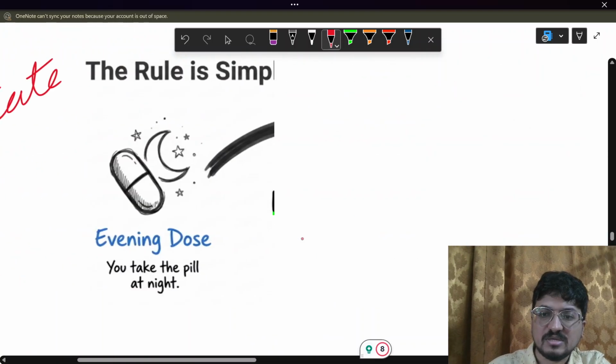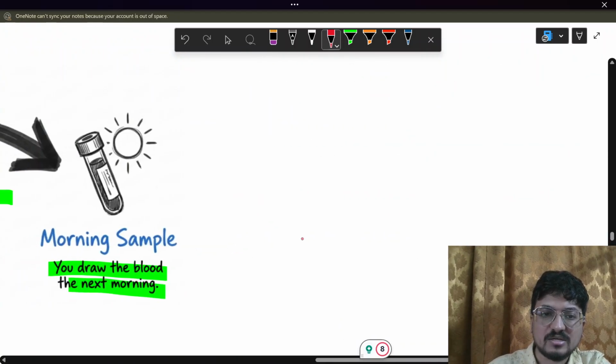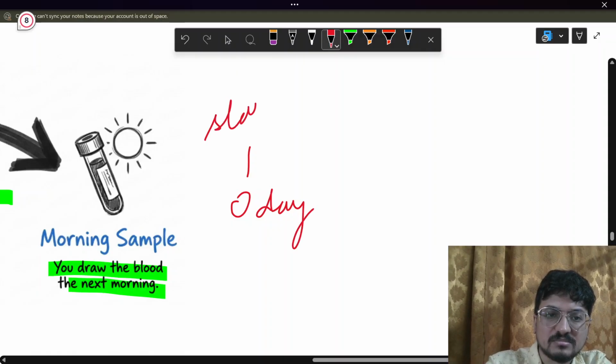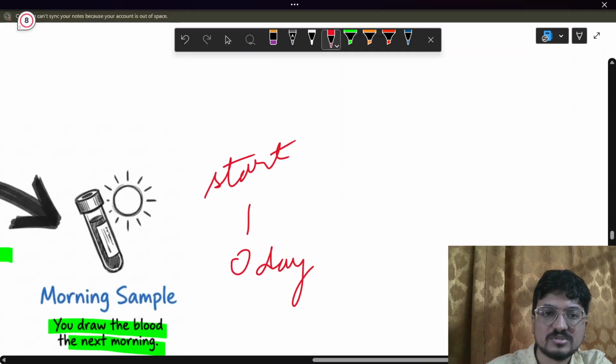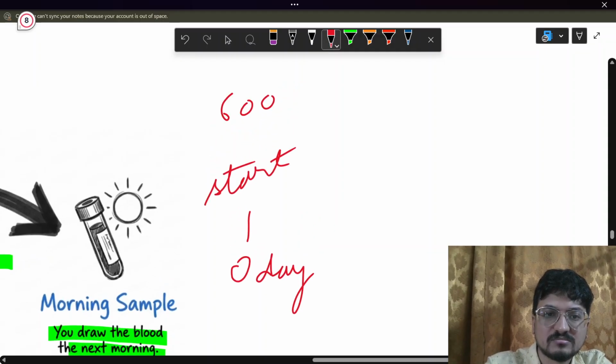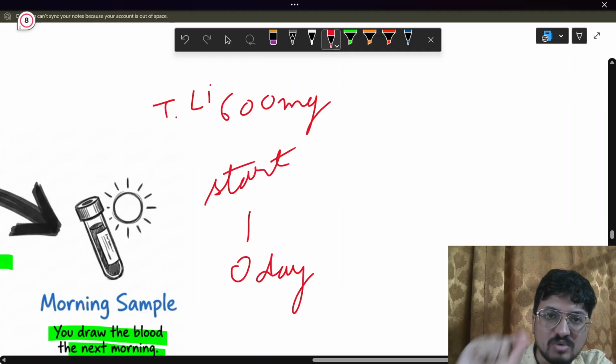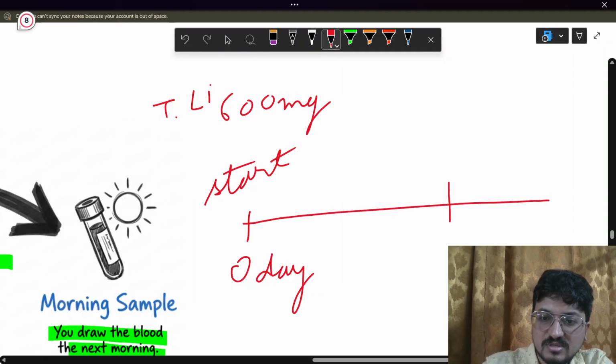That means suppose we start today, which is day 0. You start lithium, say suppose 600 mg tablet of lithium. Now you will not measure after 12 hours. You will measure on the 5th day.